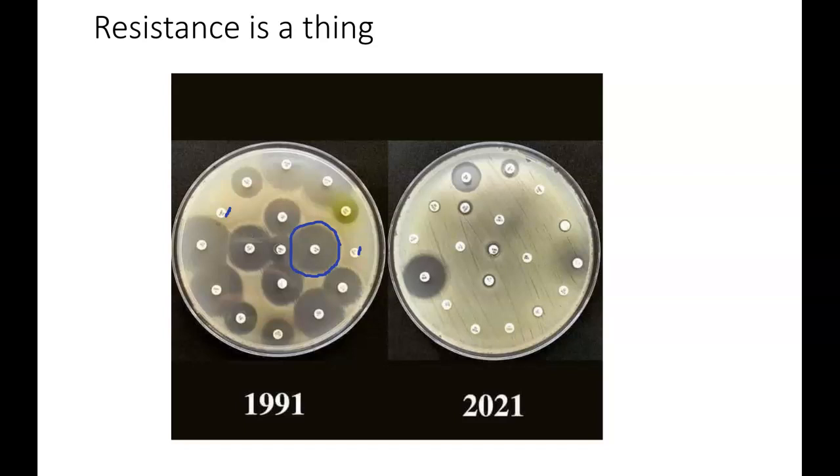If you take a look at the picture from 2021, taking those same antibiotics, you can see that there's only a couple that actually worked where that bacteria was susceptible. So we know that resistance has increased over the years, and this is a big issue. And one of the things that we'll talk about is how is it that we can prevent resistance?